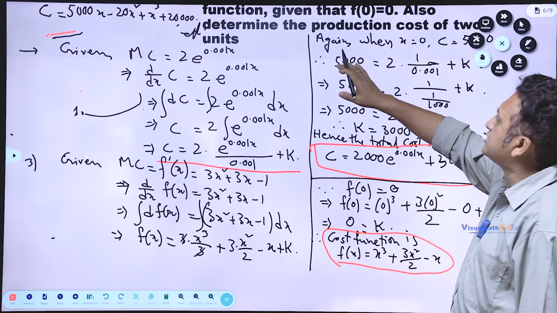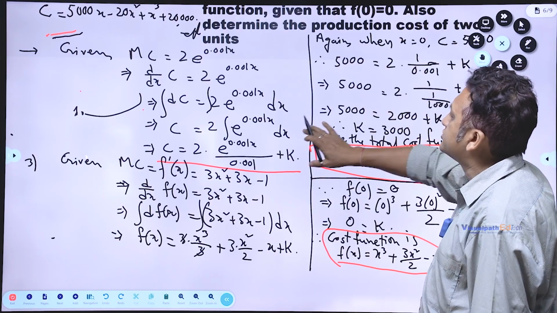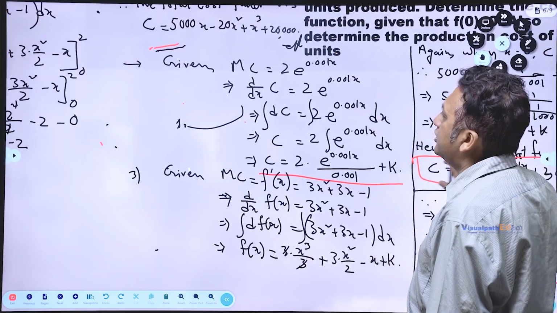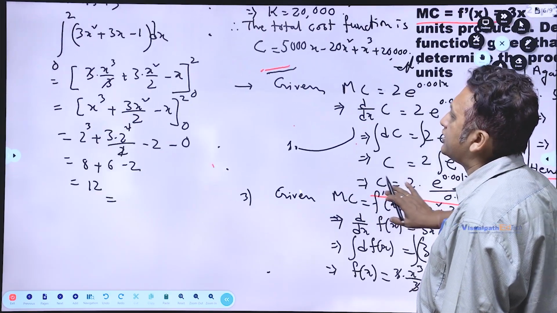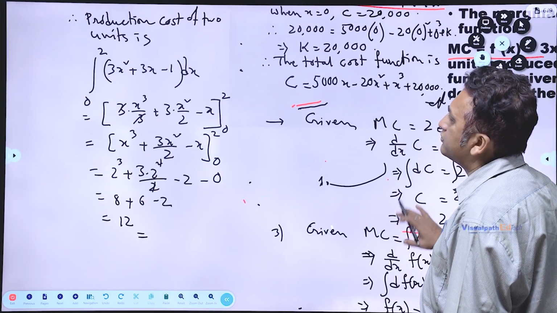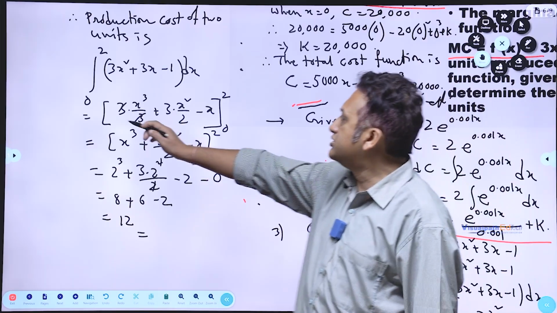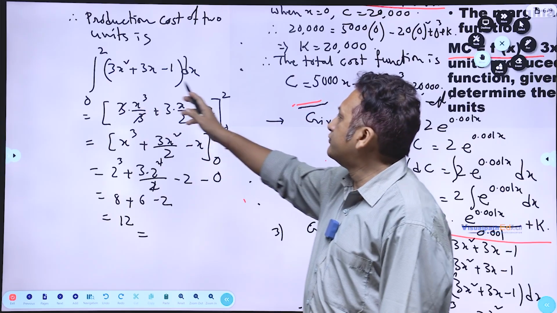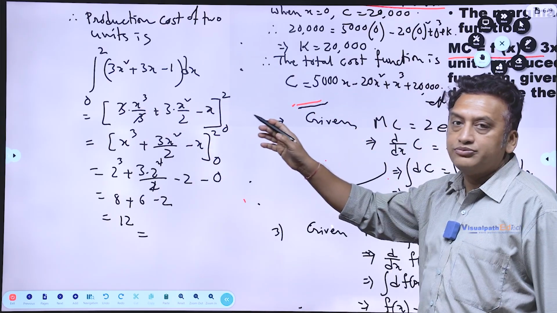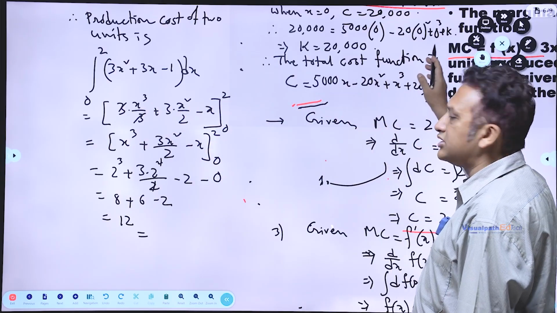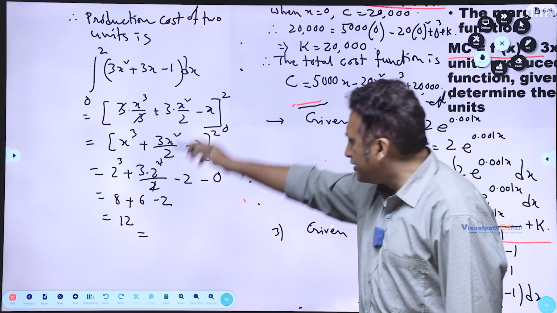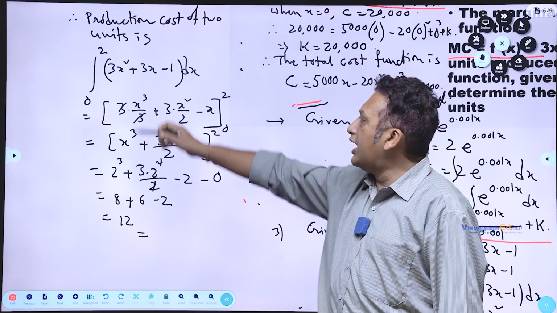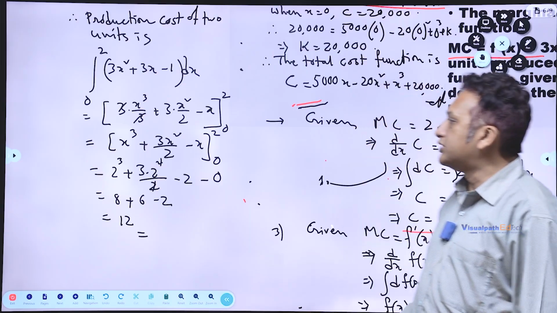Second part also says determine the production cost of 2 units. So for production cost of 2 units, we have taken the help of definite integral. So in definite integrals limits will be 0 to 2. Okay, the lower limit to the upper limit, and we have integrated the MC, which is your marginal cost. So marginal cost gave us the cost function, and the cost function with limit 0 to 2.